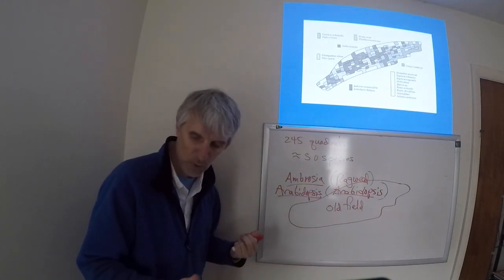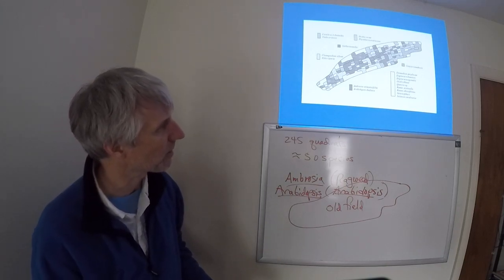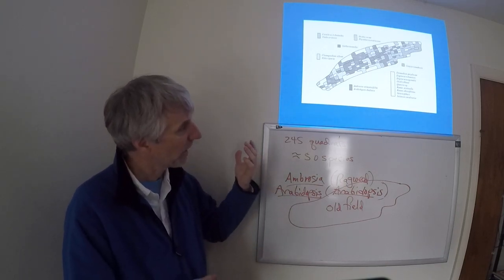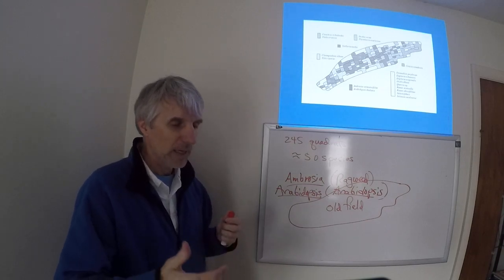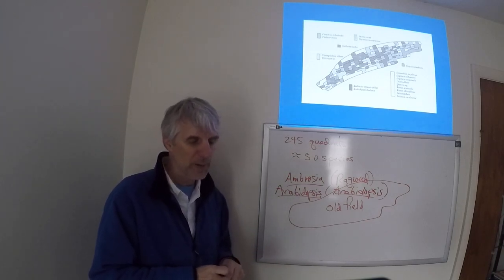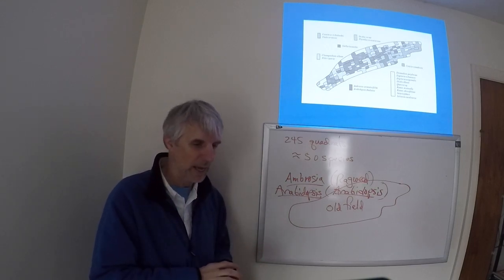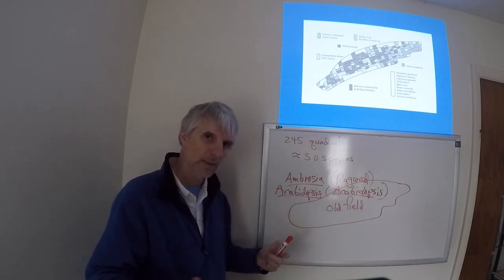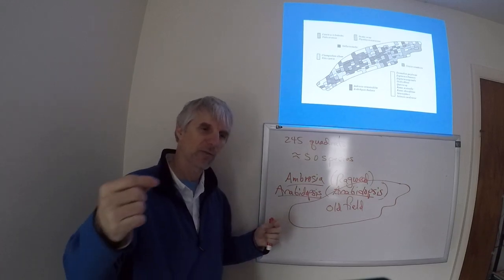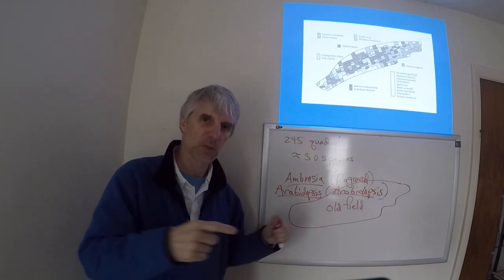Does that make sense? So for the old field here, the idea is that at least in the first year following abandonment, it probably doesn't make sense to think of the old field as a community. It is because we've artificially described its boundaries, right?